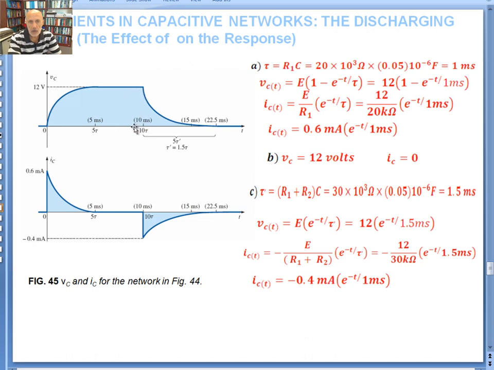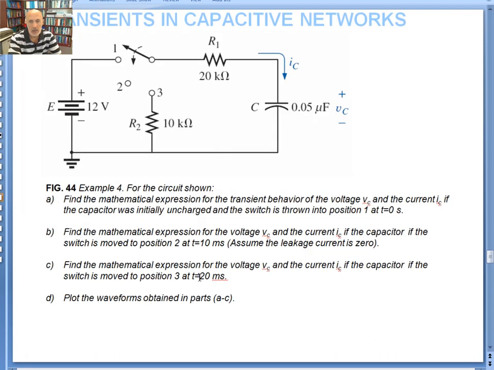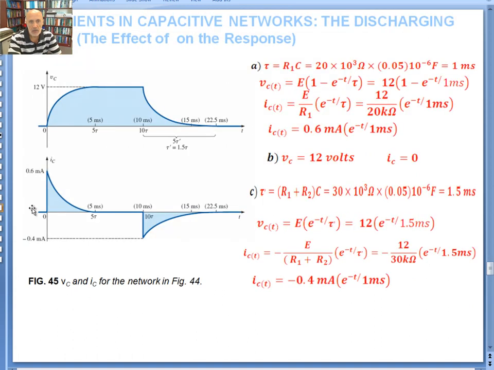Please make that 20 milliseconds, because the problem is asking what happens if you switch at t equal to 20 milliseconds, not 10 milliseconds. But it doesn't really matter. The waveform will still be the same. Because at 10 milliseconds is already a full charge, but you don't switch to position 3 at 10 milliseconds. The problem is asking you to switch at 20 milliseconds. So that should be 20 milliseconds.